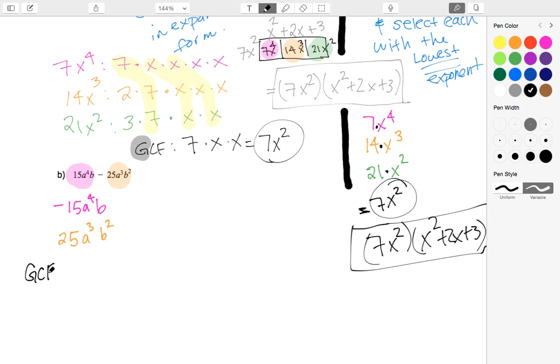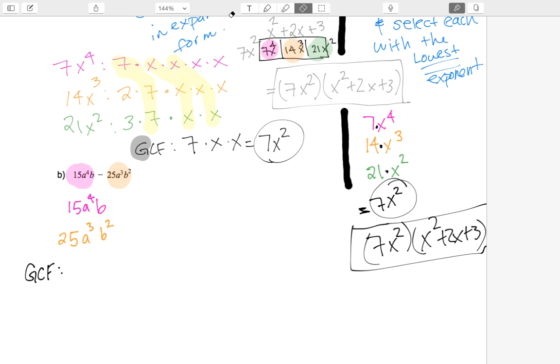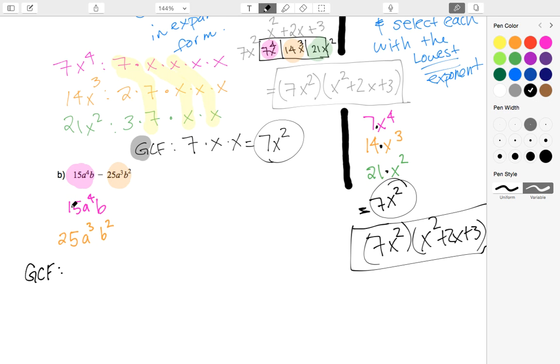So my GCF, okay, I don't know why I wrote down negative 15. That's a mistake. Okay, all right. So 15 and 25, the GCF for 15 and 25 is 5. And then I look, okay, both of the terms have an a variable, so I pick the one with the lowest exponent, and that will be part of my GCF, so a cubed.